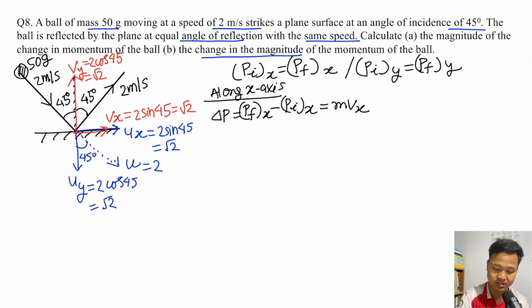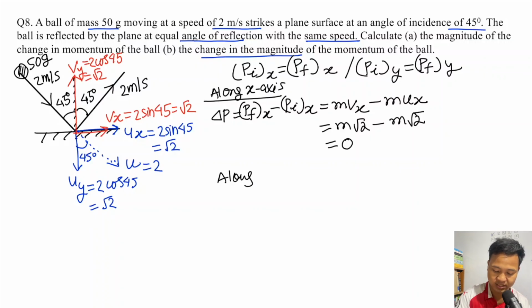Along the x axis the final is vx, and along the y axis the final velocity is vy to uy. Both of them are along the positive x-axis, right? So I will have m into root 2 plus minus m into root 2, so here you will have 0. Change in momentum along the x-axis is 0.